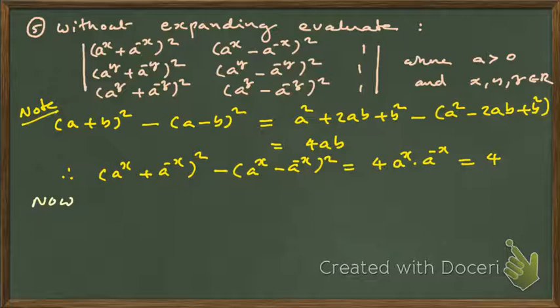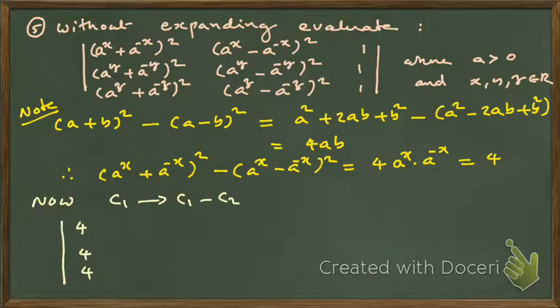So I want to do the operation C1 changes to C1 minus C2. And if I do that, this term minus this term becomes 4. I already proved, which means it happens in the other two places as well. So all the elements in C1 will now become 4ab, 4ab, 4ab.